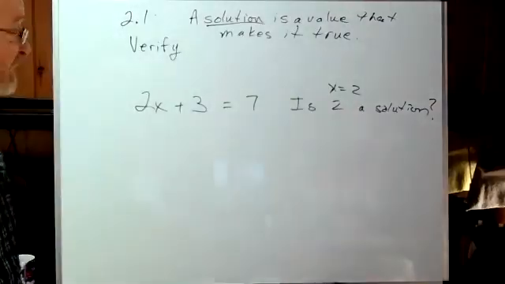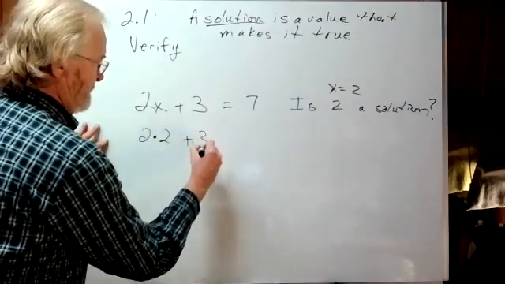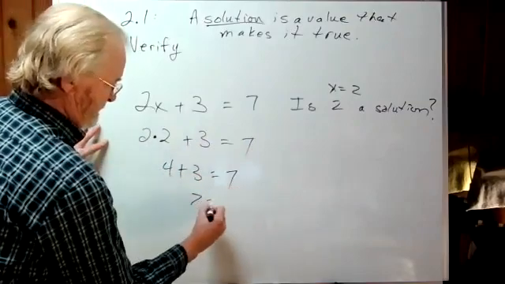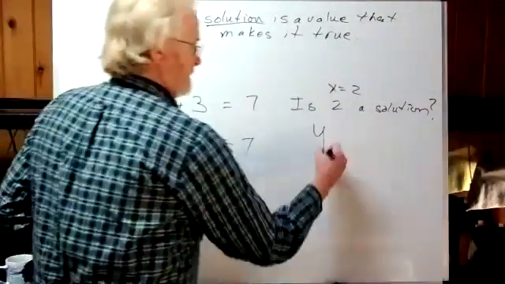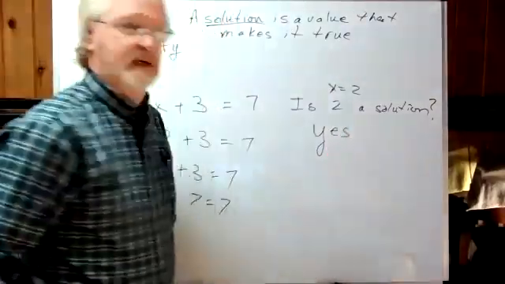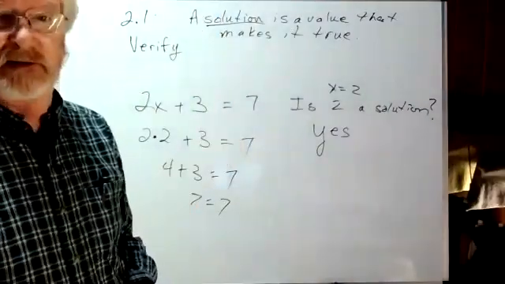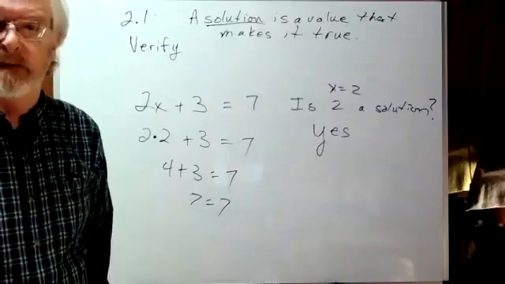Plug in the 2 for x. 2 times 2... Oh yeah, that makes it true. 7 equals 7, it's true. So yes, 2 is a solution. We have verified that 2 is a solution by plugging it in and boiling it down to this true statement.